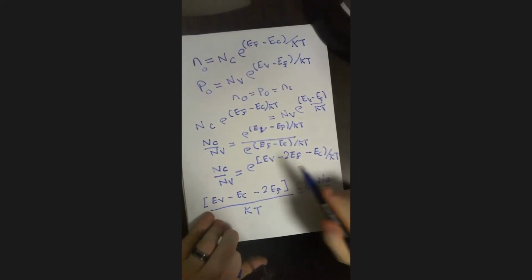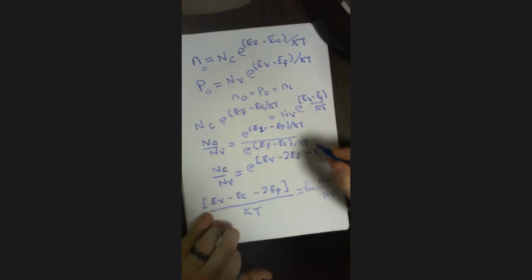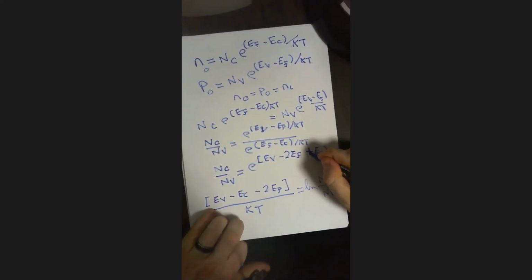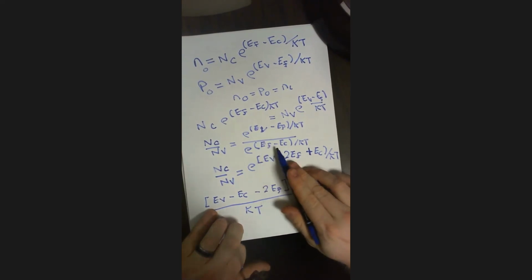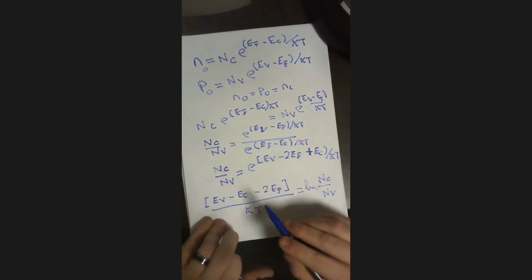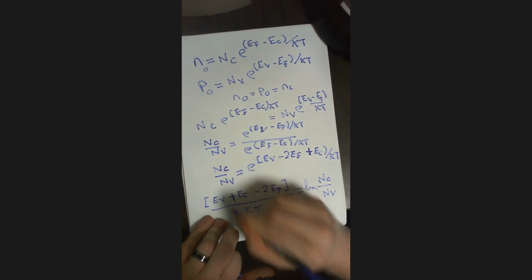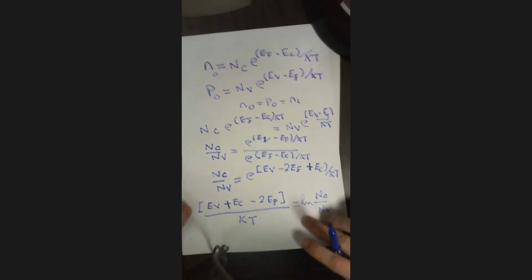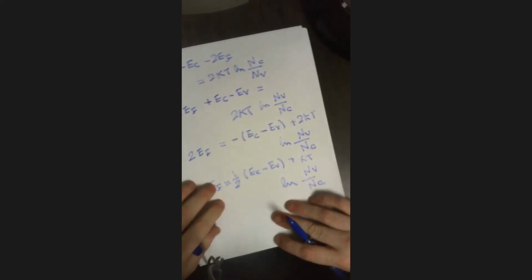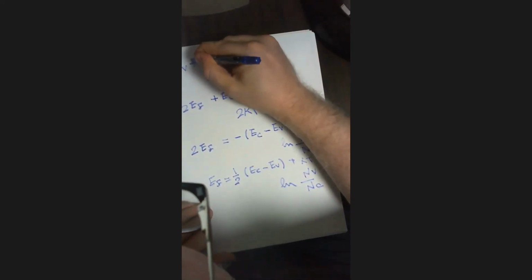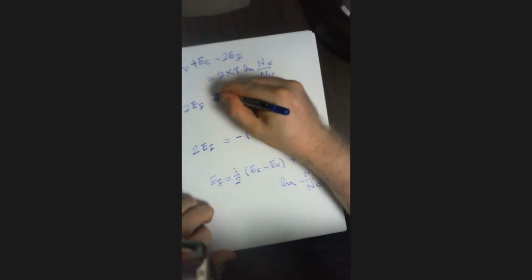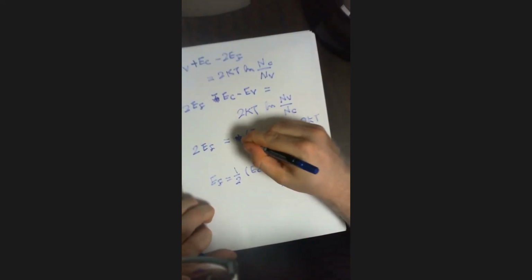Very simple. When I make this multiplication, this is a plus sign, not a minus sign, because here it is EV minus EF plus EC. And then after multiplying by negative, this will be turned to negative, and then this is positive.